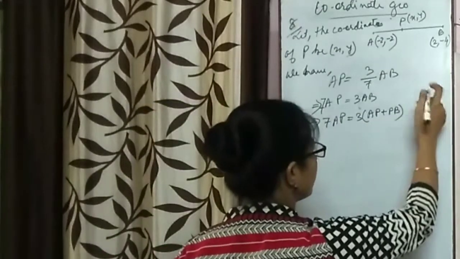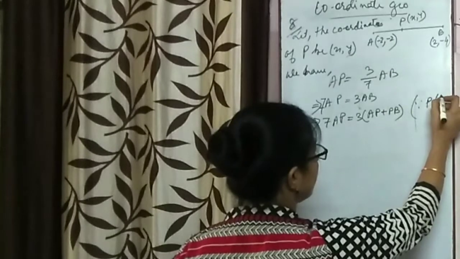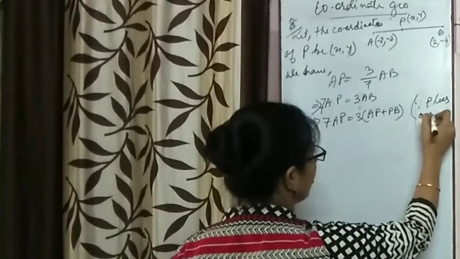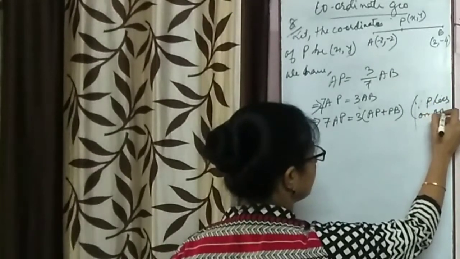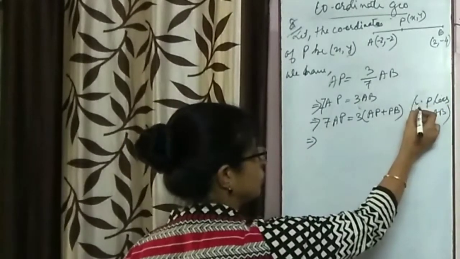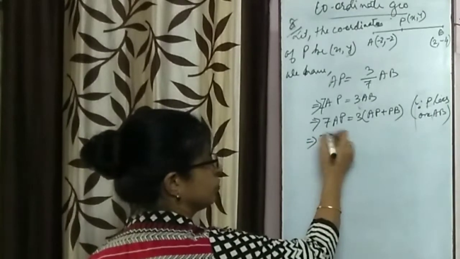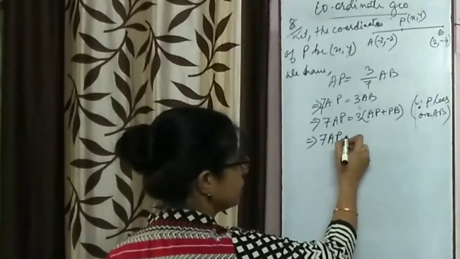So we have to write something: since P lies on AB, therefore it happens. The reasons are very essential to be written over there, otherwise you won't get full marks.